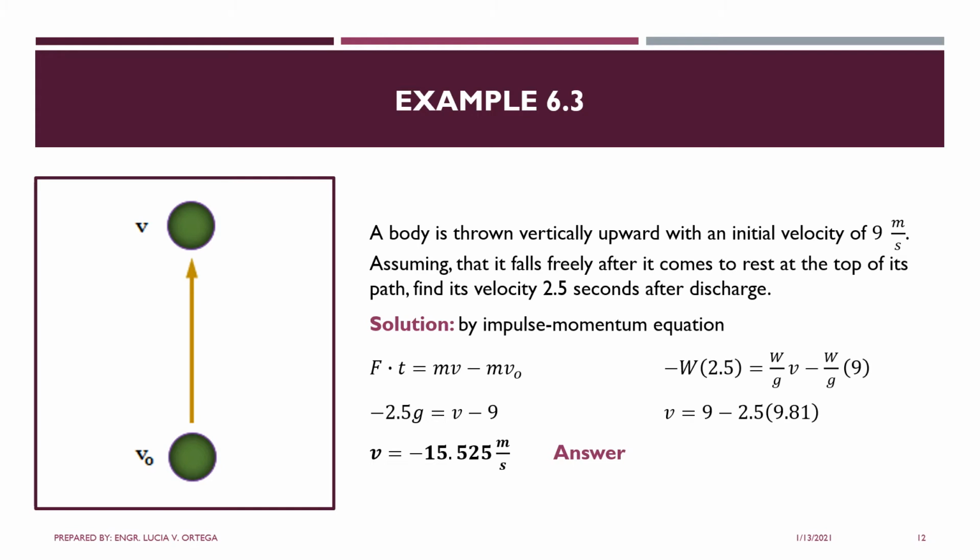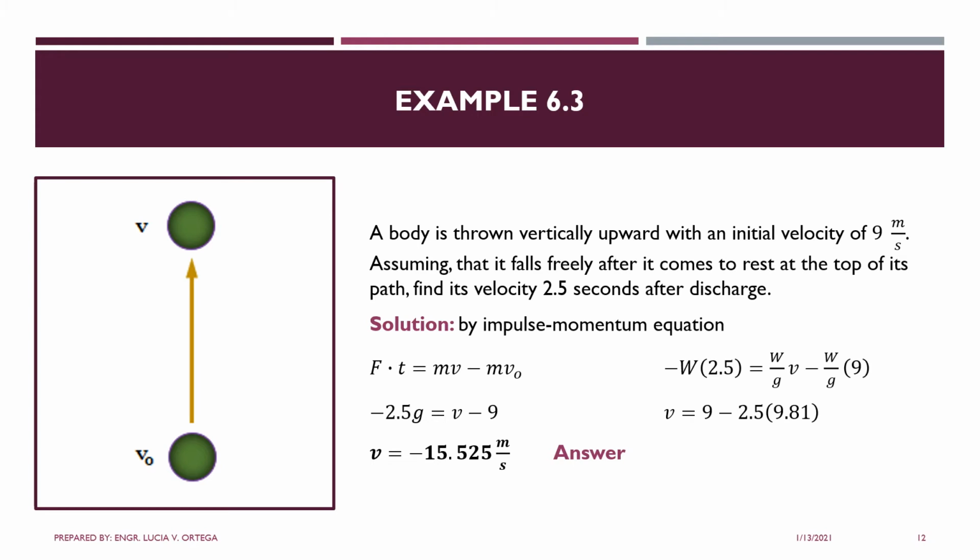So the weight times 2.5, the time, is equal to mass, W over G, times V, minus W over G times 9 meters per second. Solving, you can eliminate W, so you can solve for the final velocity.